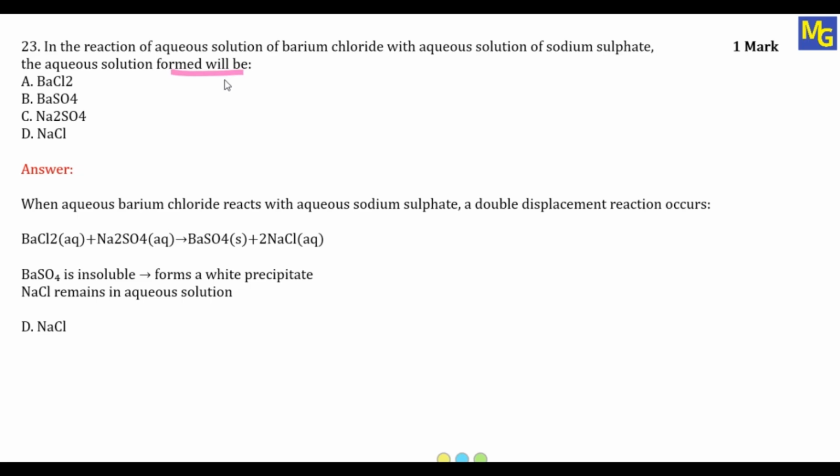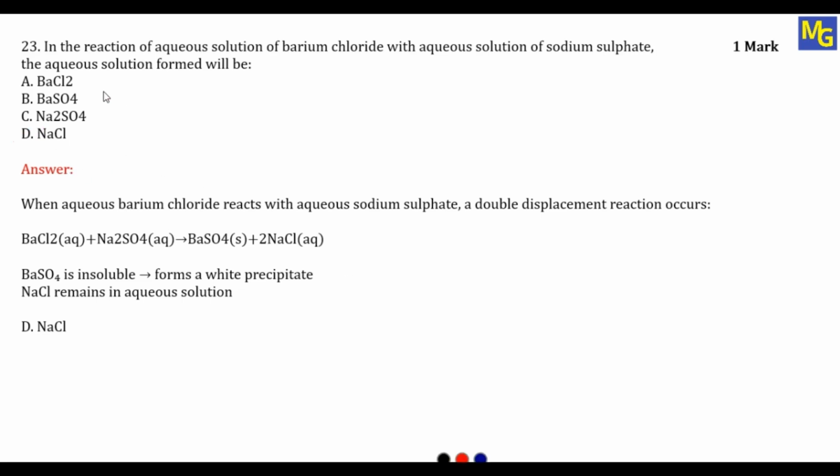Aqueous solution means the substance which is completely dissolved in the water. So here the options are A BaCl2, B BaSO4, C Na2SO4, and D is NaCl. Now we will see the answer of this.